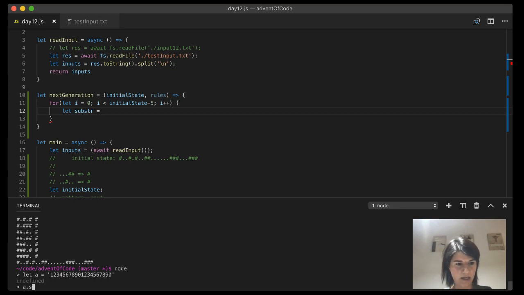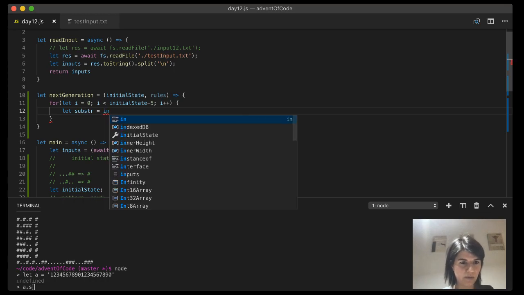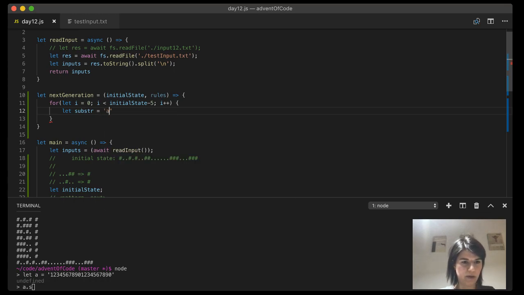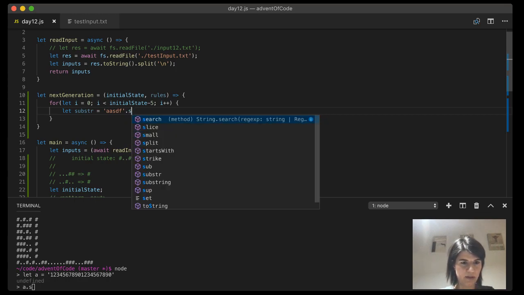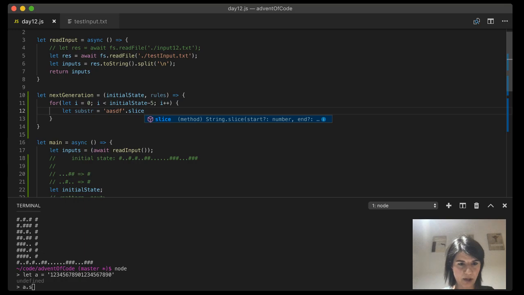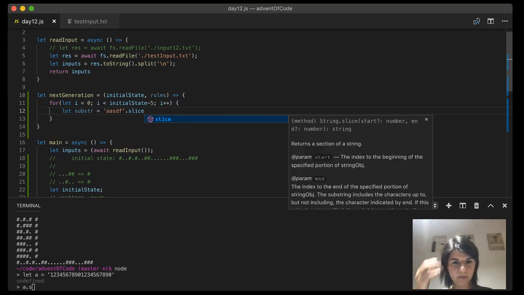Splice or slice, which one is doing what? Oh, maybe I can do that. Slice is a method. Where's the help? Okay, so slice mutates the string, so that's not what we want.